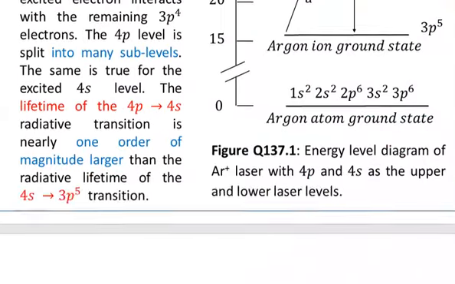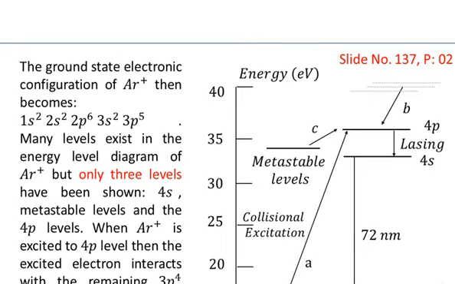For example, these levels which I have shown dotted over here, that is, these levels above the 4p levels, are not well coupled to the 4p levels. So all will not make transitions to the 4p levels. Some will make transitions to other available levels.